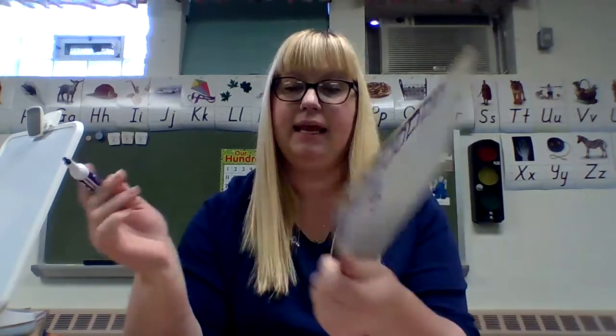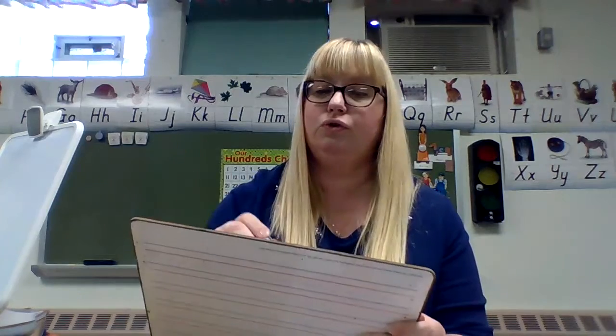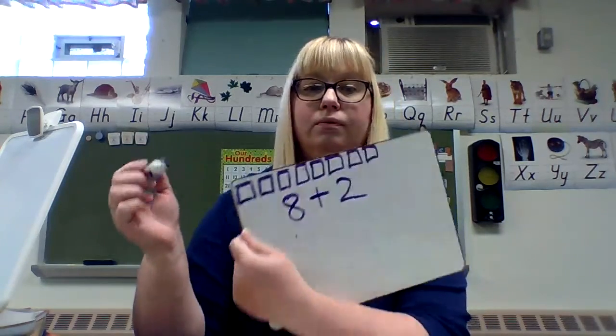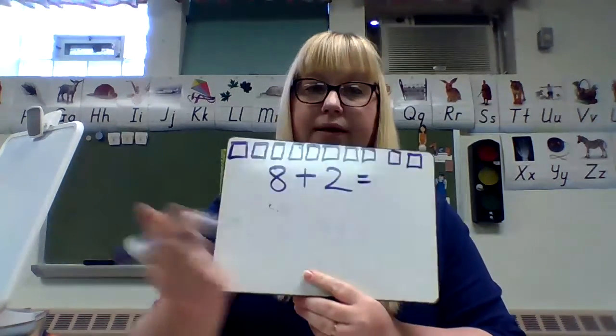Okay, he planted 8. He went back and got 2 more bags of corn. So I'm gonna draw 2 more squares. Let me leave a space over here so you can see that I added 2. Okay. So I added 2 more.